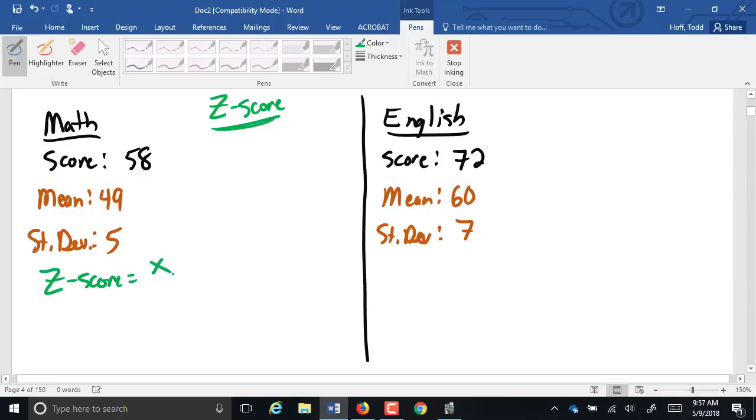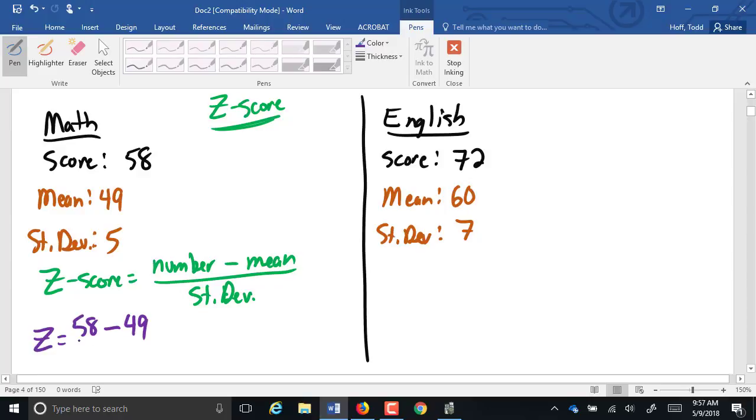A z-score takes the number, we subtract the mean for its population, and we divide that difference by the standard deviation for that population. Let me show you what I mean. So for the math test, that z-score would be the score of 58 minus the mean of 49 and divided by the standard deviation of 5.